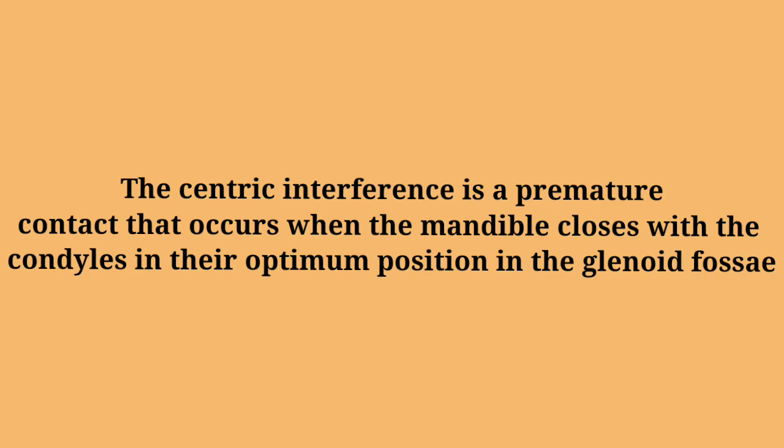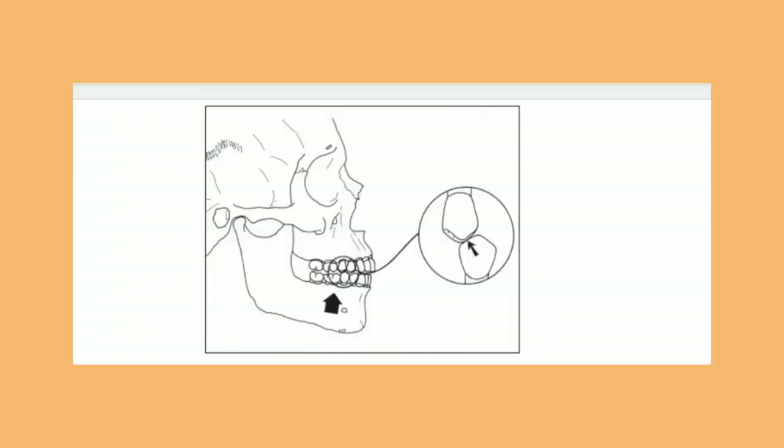But the question is, how can I determine the centric interferences? We can ask the patient to squeeze the teeth together. The direction in which the mandible deviates to a more closed position, a position of maximum occlusal contact, is called a centric interference.